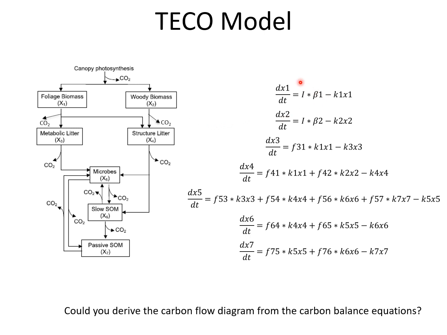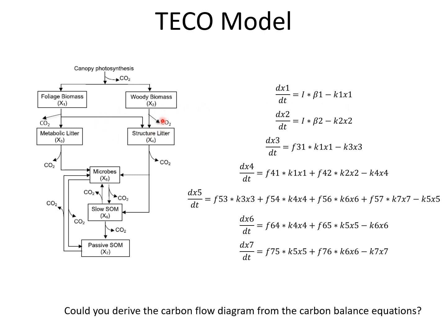So the carbon balance equation of the foliage carbon pool goes as this one. It basically says the change of the pool size equals the input rate minus the outgoing. The input rate is the total input I multiplied by the fraction that is allocated into this carbon pool, beta 1. For the outgoing flux, as we talked earlier, it's pool size dependent. It's the turnover rate, K1, multiplied by the pool size x1.